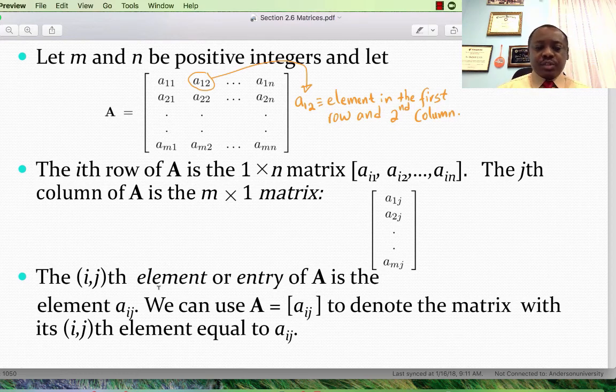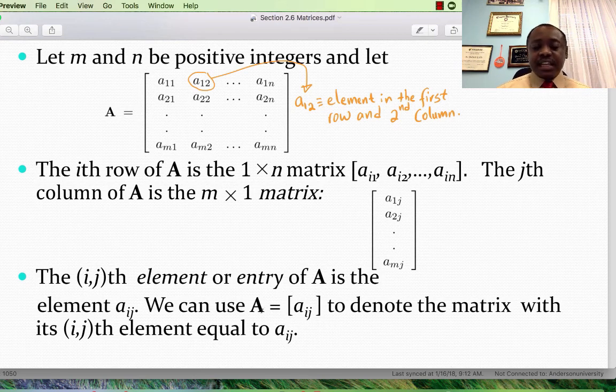We will use the notation aij, and if there is no conflict of notation or no problem with the dimension of A, we would just say let A be the matrix aij. If we're dealing with several matrices with different dimensions, then we can say let A equal aij, and on the right we put m by n or p by q or r by s to inform you what the dimension of A is.